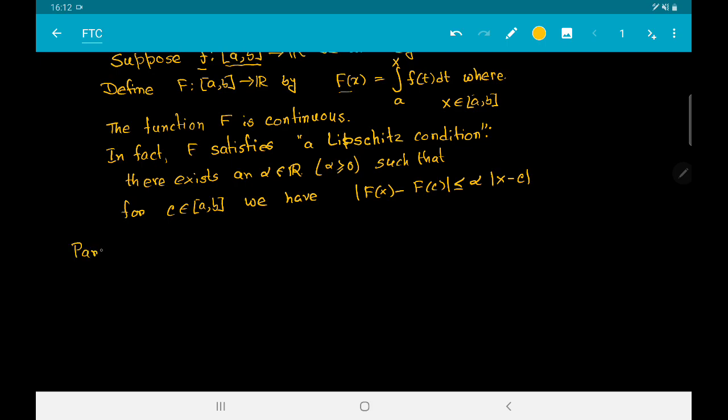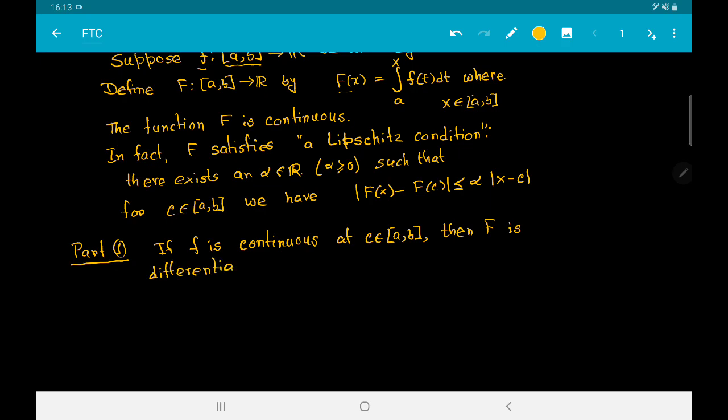Now the fundamental theorem of calculus comes in two parts. Let me call it part 1. Part 1 says that if f is continuous on the closed interval [a,b], or let me make it a little less general, continuous at a point c in [a,b], then big F is differentiable at the point c.